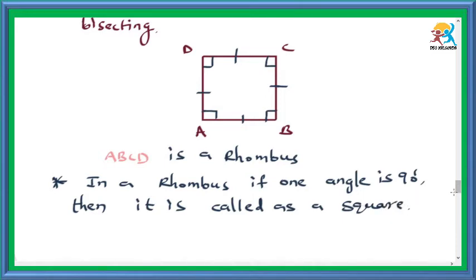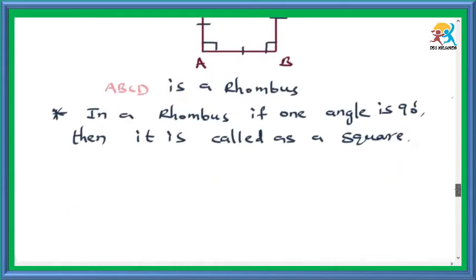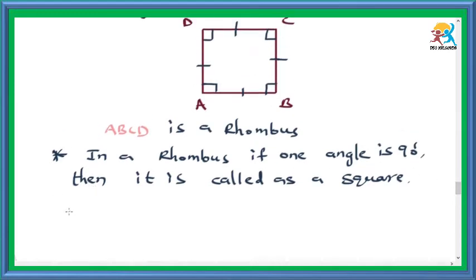So, the rhombus has diagonals that are not equal and perpendicularly bisecting. So, in the square diagonals are equal when compared to the rhombus. So, the property which differentiates the square from the rhombus is that the diagonals are equal, that one only.